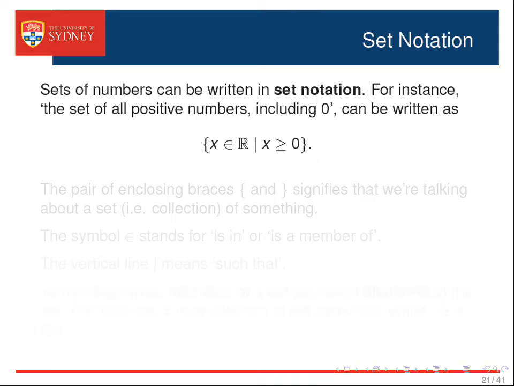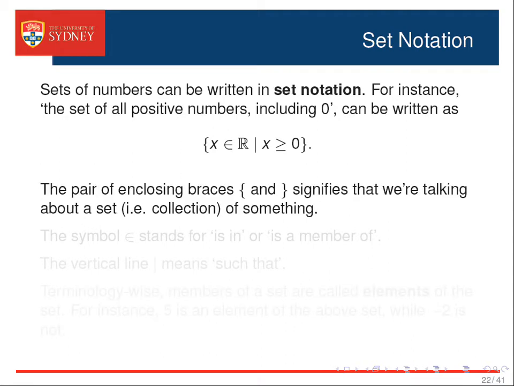Let's now move on to the topic of notation. In mathematics, a set or collection of objects can be written down rigorously in what's called set notation. For instance, the set of all positive numbers, including 0, can be expressed in the following way in set notation. Let's briefly examine how the notation works. First of all, the enclosing braces signify that we're talking about a set of mathematical objects.